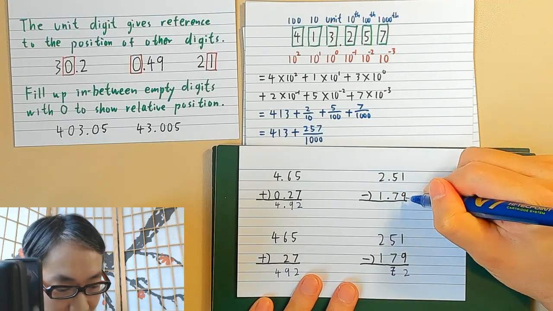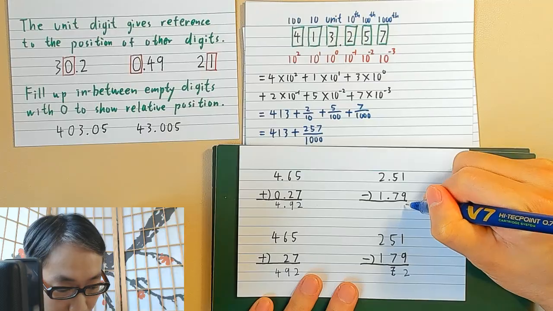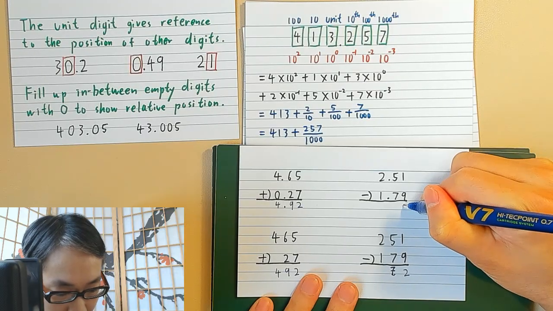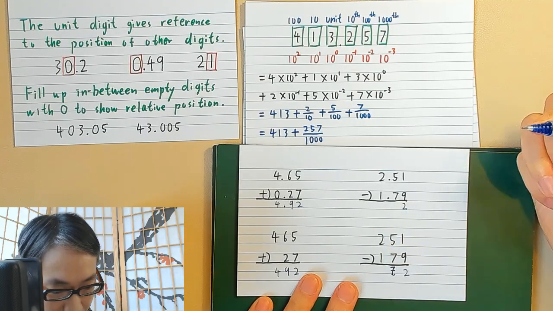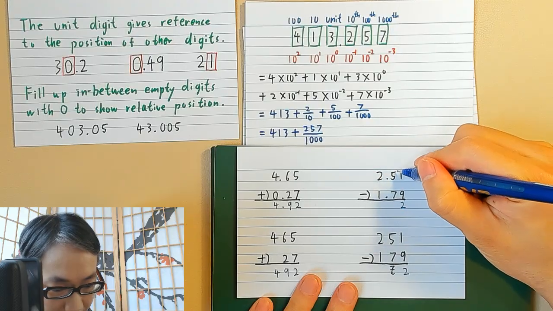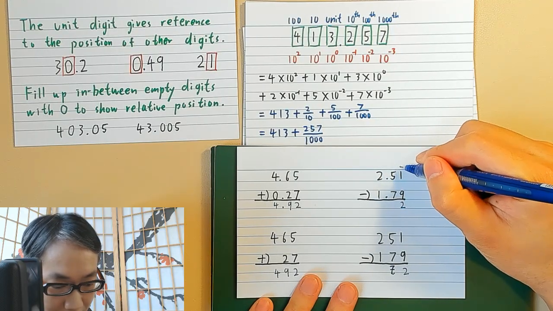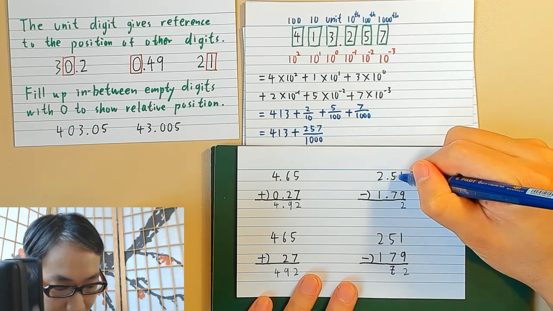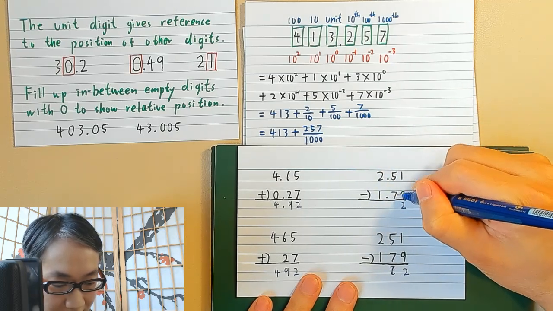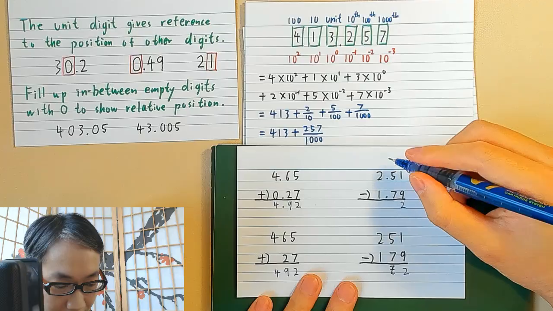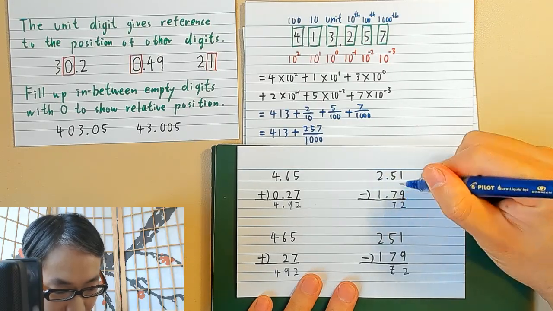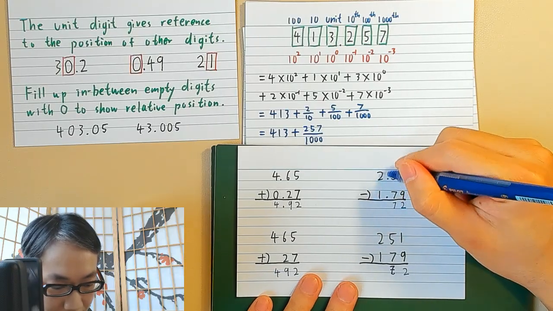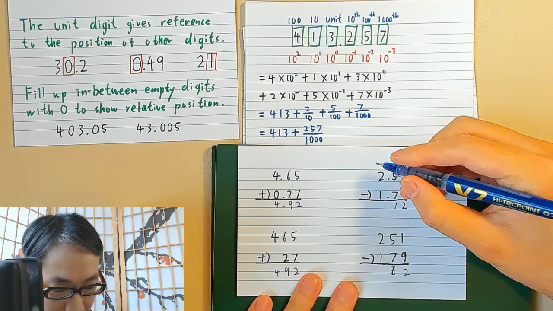So 1 minus 9, it is a difference of 2. Then this becomes a 4 because we have 1 minus 9 here. 4 minus 7. Then if we have a 7, this becomes a 1. Then there is nothing here.